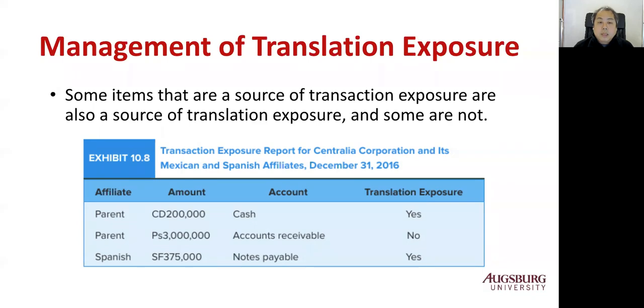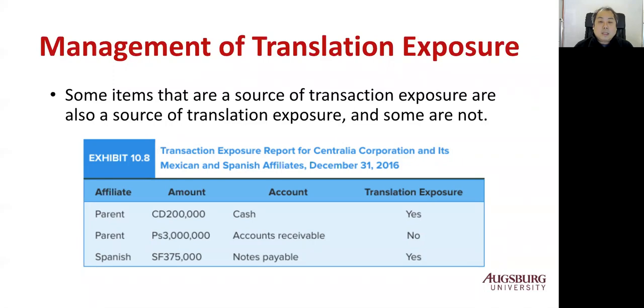So there's an example here, Exhibit 10.8, which presents the transaction exposure report for the company named Centralia Corporation and its two affiliates. The items that create transaction exposures are usually receivables and payables denominated in a currency other than the currency in which the unit transacts its business, or cash holdings denominated in a foreign currency.